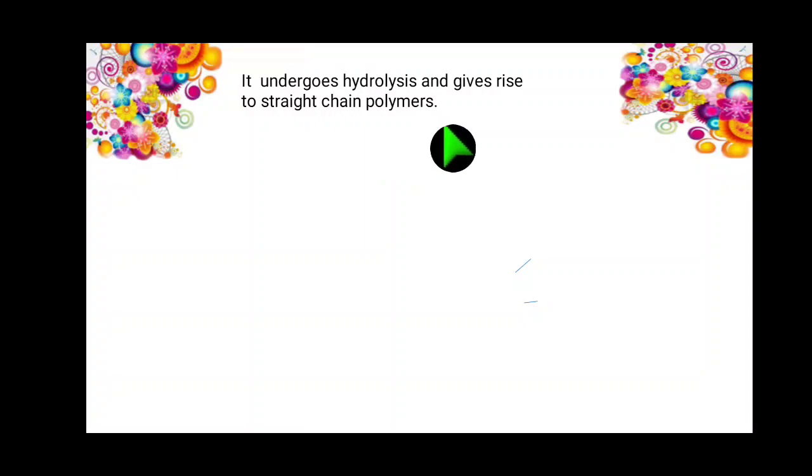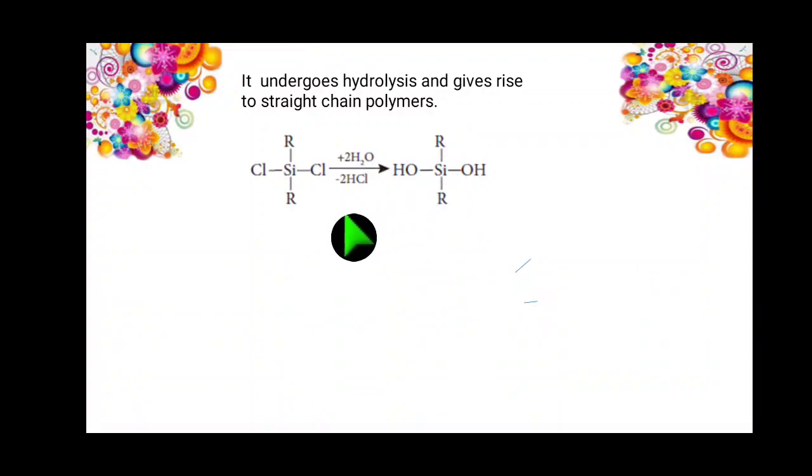So if you want to get the linear polymer or straight chain polymer, the reactant must be dialkyl dichlorosilane. Water is added, thereafter we can get a linear polymer.